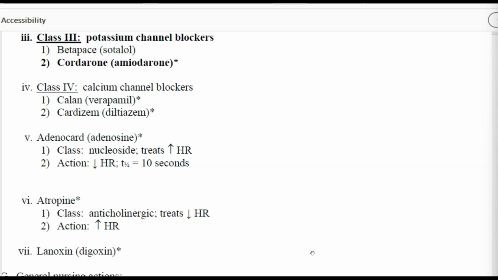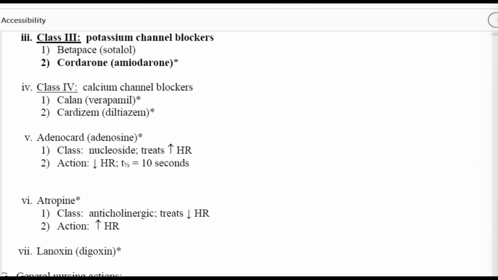So the role of potassium channels in cardiac action potential is cell repolarization, which restores its electrical charges to normal. Blocking the channel delays the repolarization. So it increases action potential and increases the refractory period. This is a medication that's also commonly used in addition to our ventricular dysrhythmias. Cordarone or amiodarone is used for atrial fibrillation or atrial dysrhythmias.